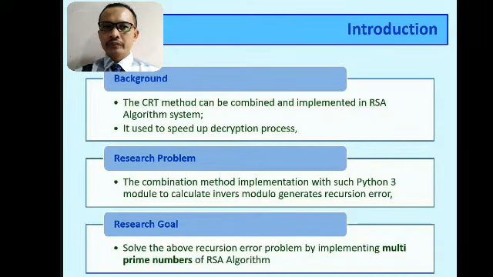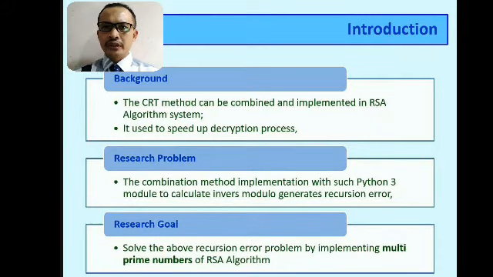In implementing the combination method with the Python 3 programming language, we use a module to calculate an inverse modulo of some prime numbers, but at some prime number sizes in bits, of course, we get a problem.